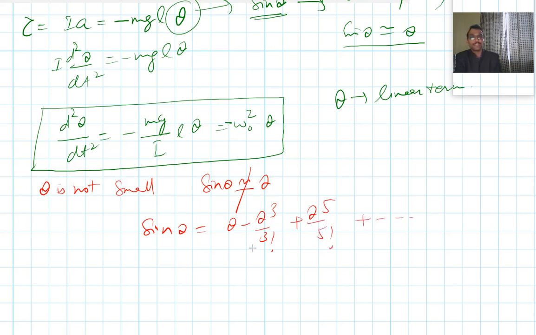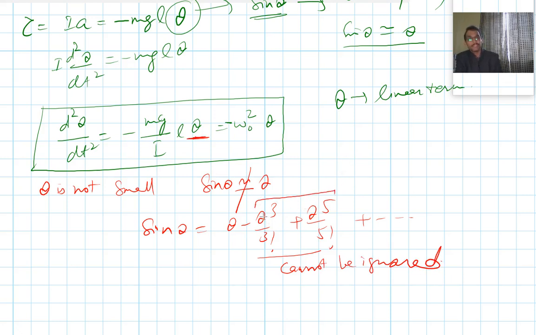So when theta is sufficiently large, these terms cannot be ignored. The earlier equation is linear because we have ignored these terms, as they contribute negligibly.